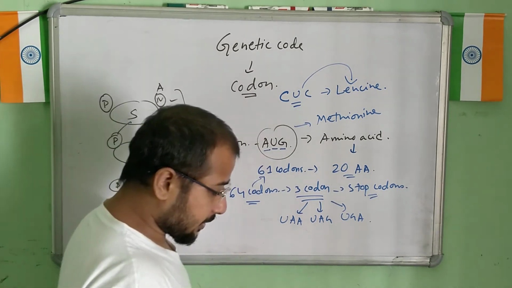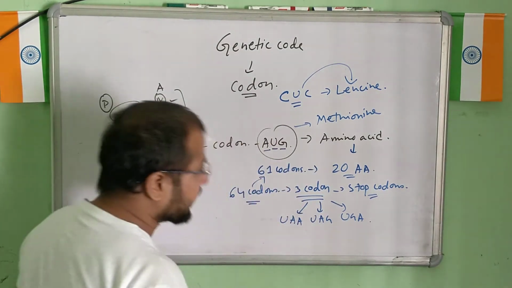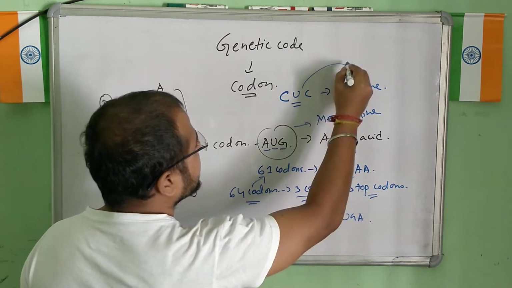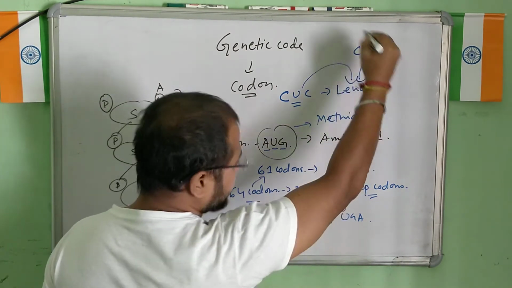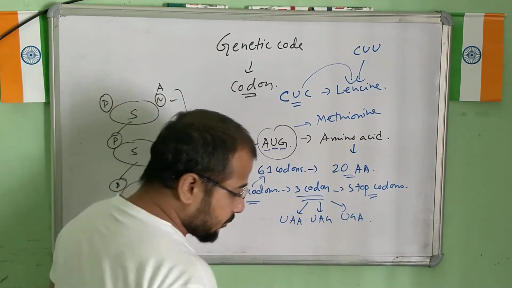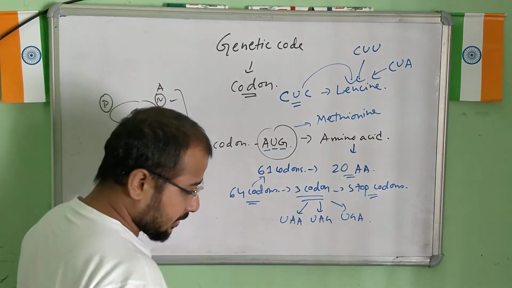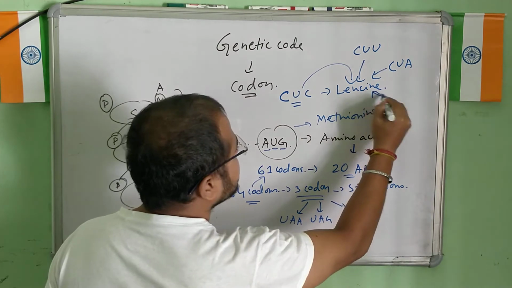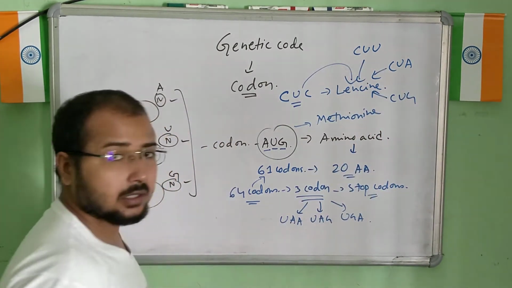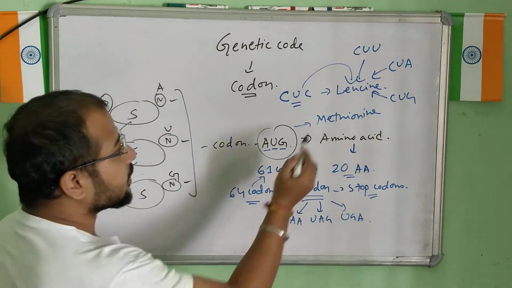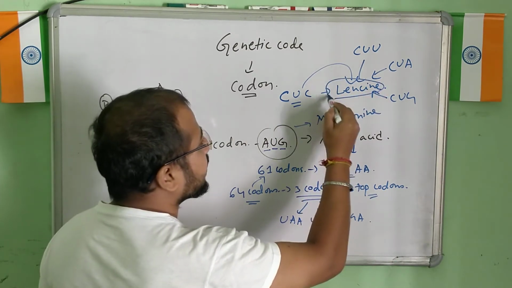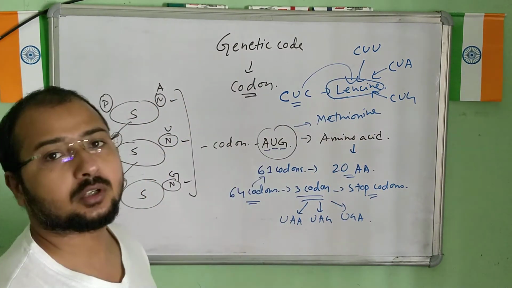Clear? For example, leucine is also coded by CUU, and by CUA. It is also coded by CUG. Understood? So leucine can be coded by more than one codon.